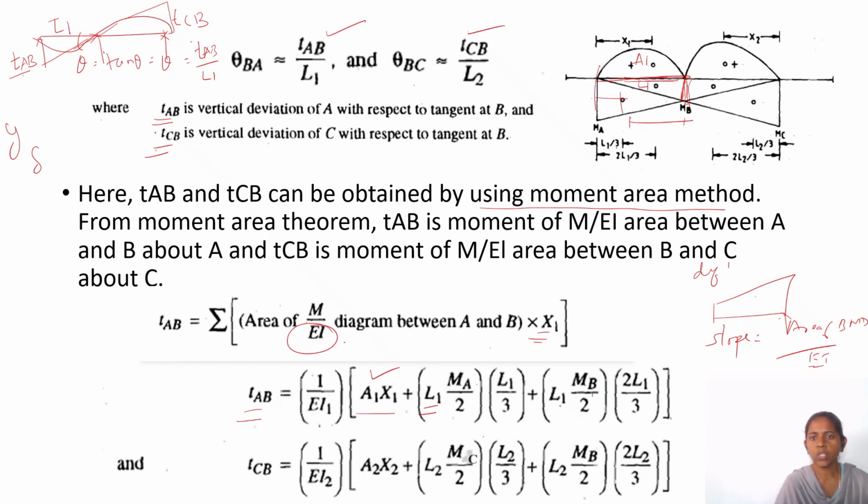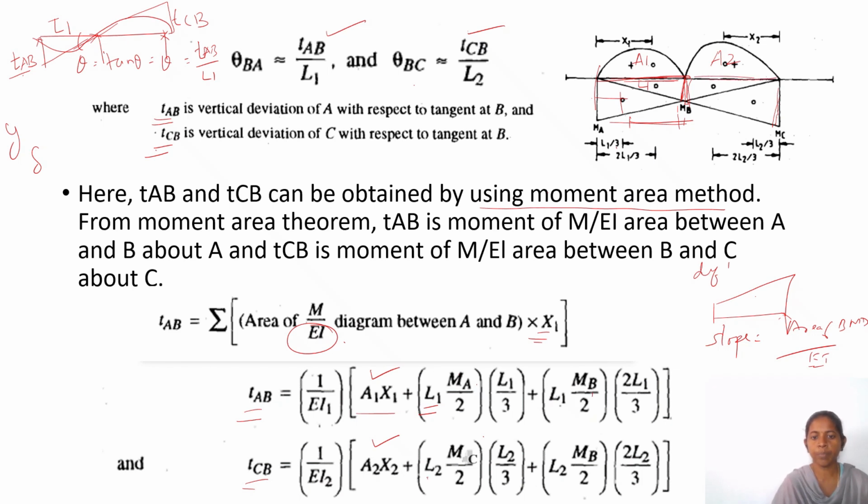So we are going to separate it into two bending moment diagrams, from A it is 1/3, next it is 2/3. Similarly you can write this equation for TCB for the next span. Here it is A2. A2 into X2 is the positive bending moment area and centroid. For the span L2, MC is the vertical height and L2 is the span.